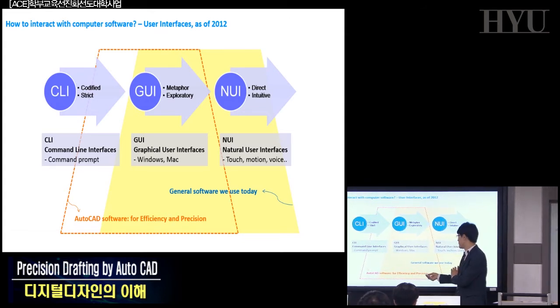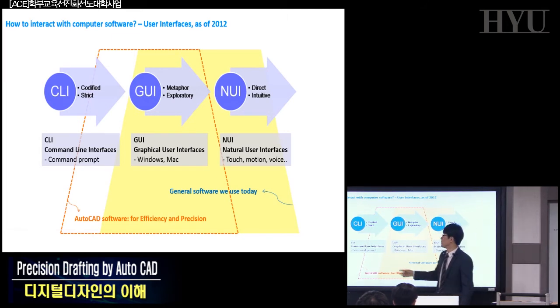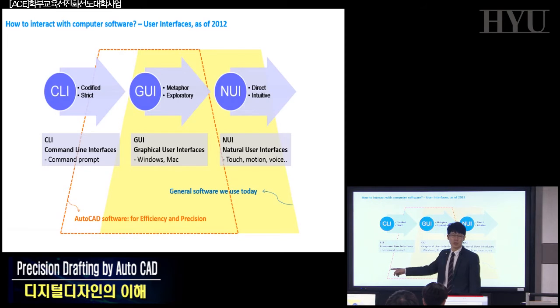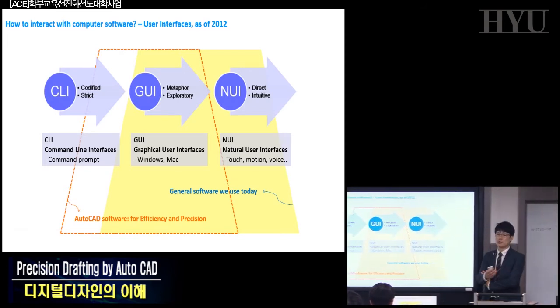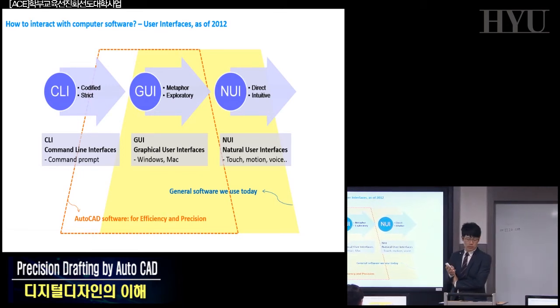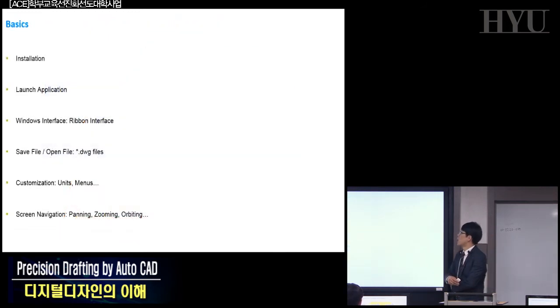For efficiency and precision, we have to type 1,000 if you want to draw a line of length 1,000, okay? That is why we have to use the command line interface. You may not be good at using it, maybe. But anyway, for precision drawing, we have to know how to interact with it.